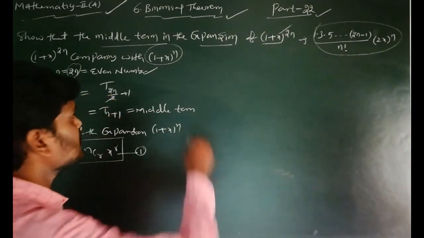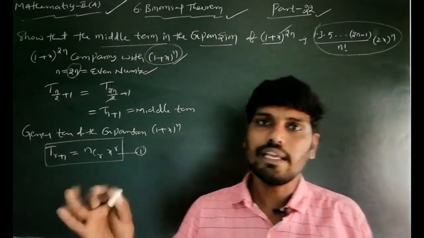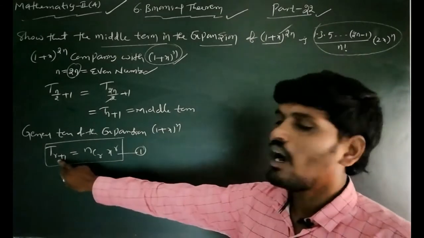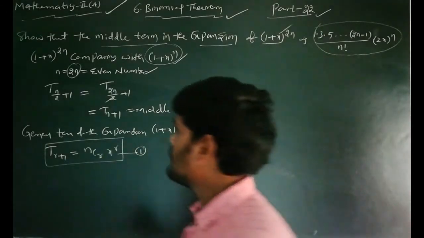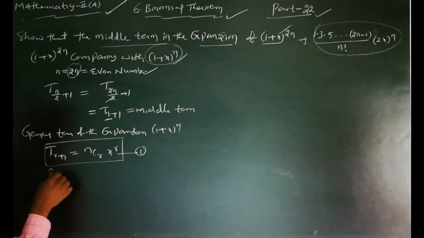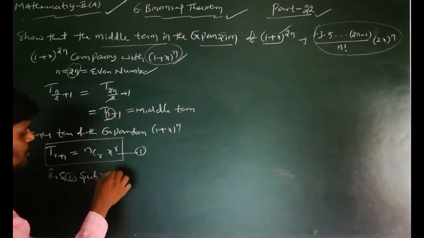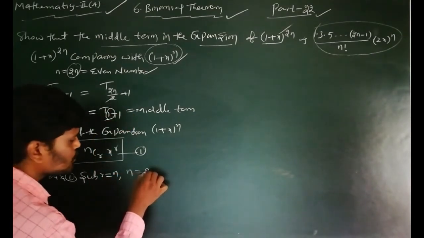After that, in the expansion (1+x)^n, what is the general term? The (r+1)th term. In this (r+1)th term, in place of r, in equation 1, substitute r equal to n, with n equal to 2n.